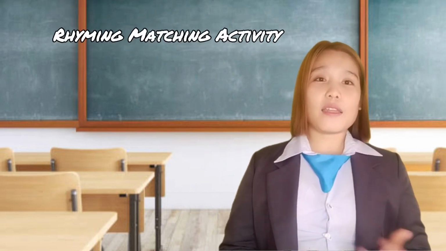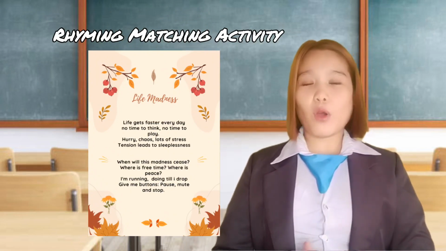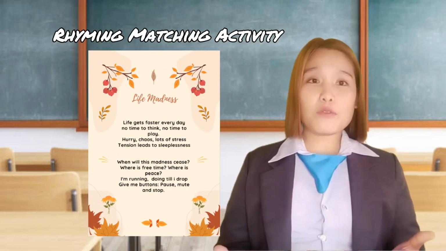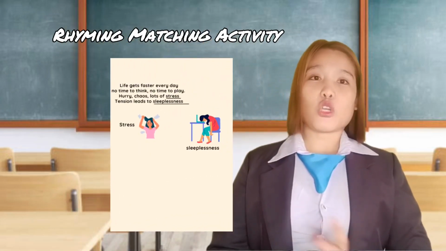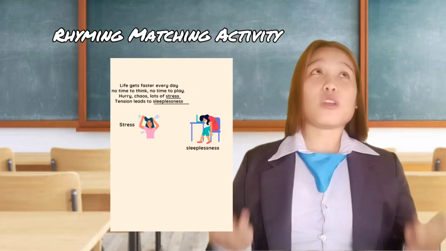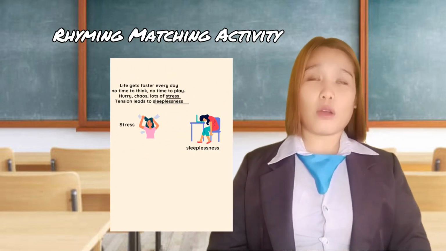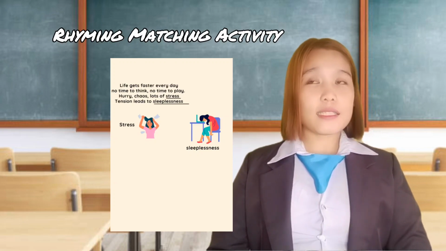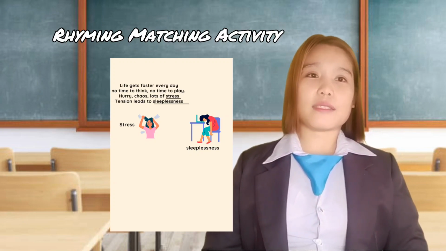They will be provided a photocopy with a particular text and a form of poem. With the help of the text, the class will identify the matching words. They will picture rhyming words through pictures, illustrations, and graphics, and match the pictures to make rhyming pairs.